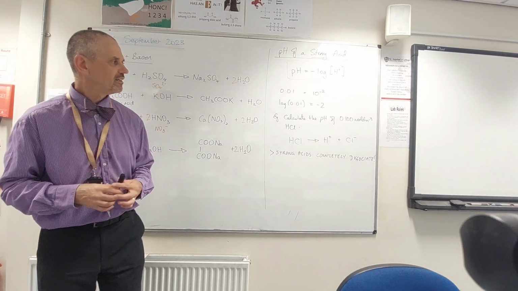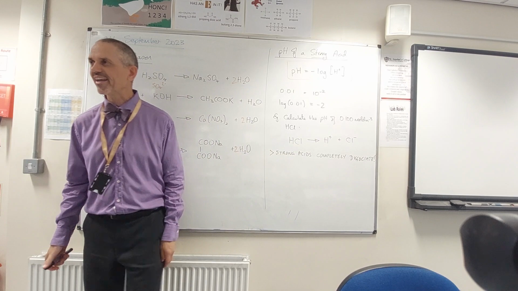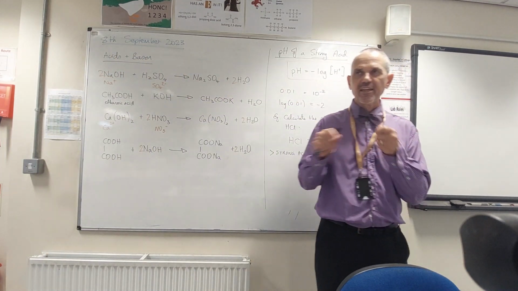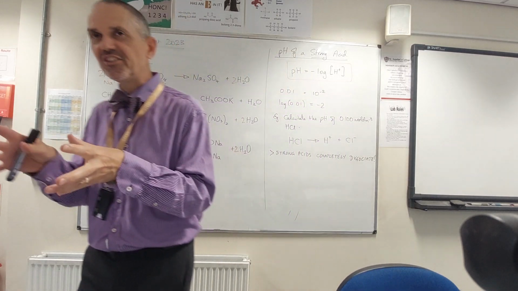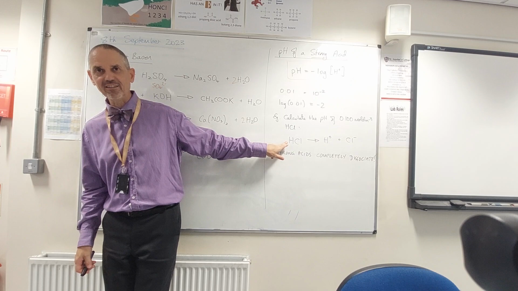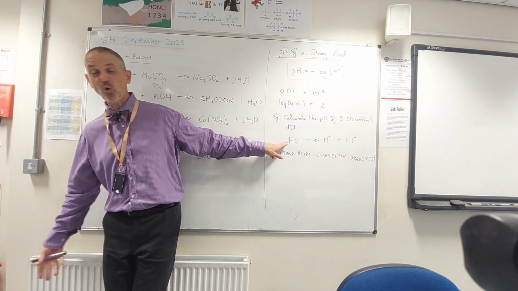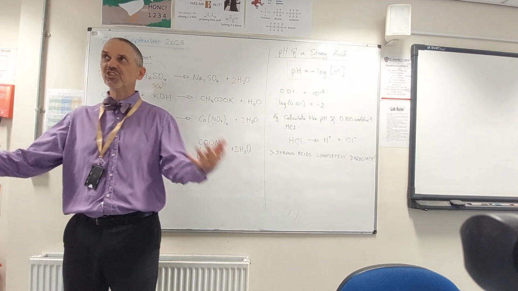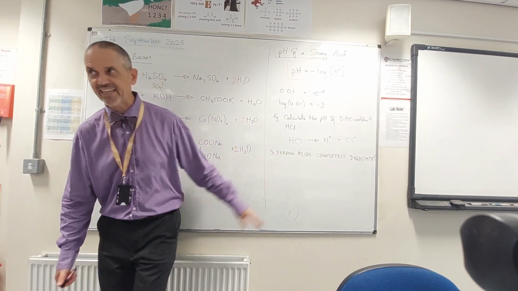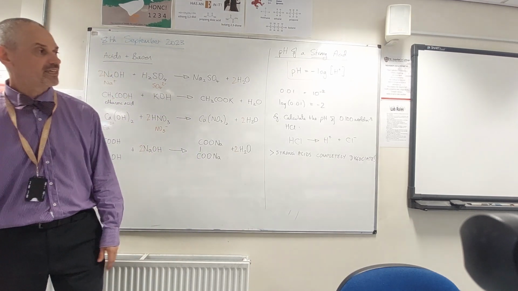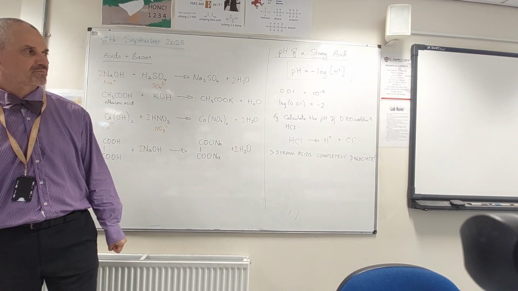So if you were to get a beaker of hydrochloric acid and sort of peer into it with incredible molecular spectacles that enable you to see every individual particle in there, you wouldn't actually see any HCl's at all. You'd see water, and then you'd see H pluses and Cl minuses, or H3O pluses. You wouldn't see any HCl, because all of the HCl's are broken up into H pluses and Cl minuses.